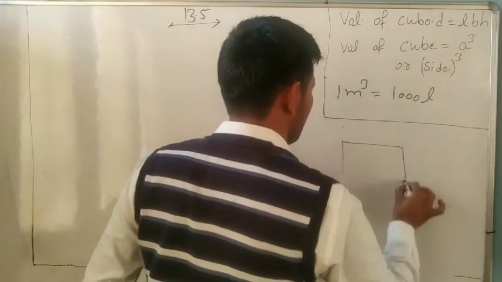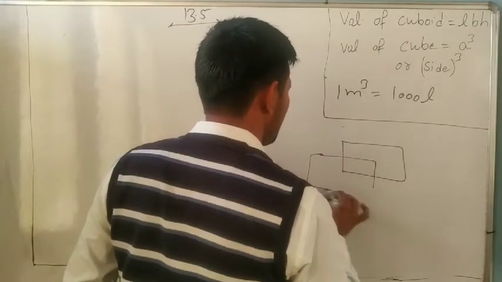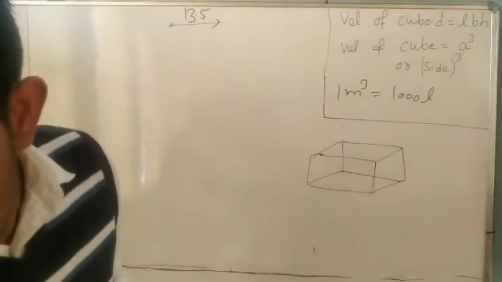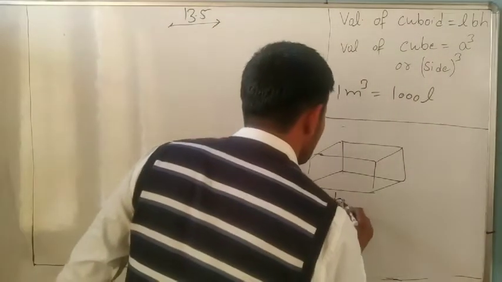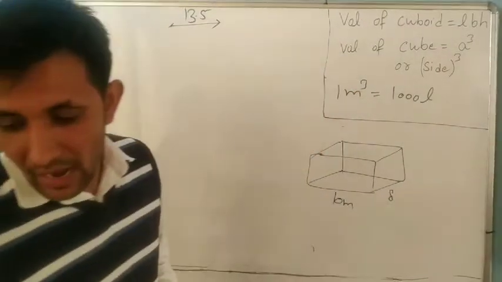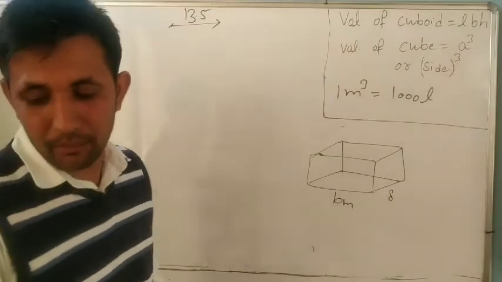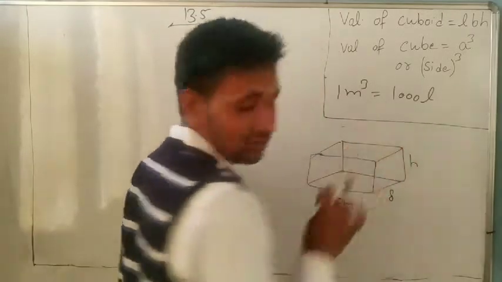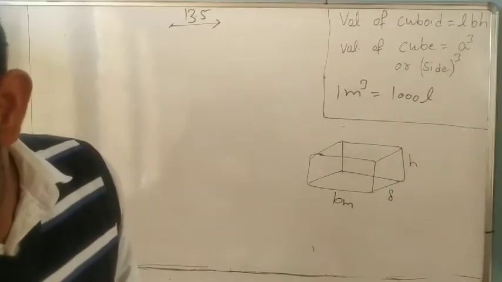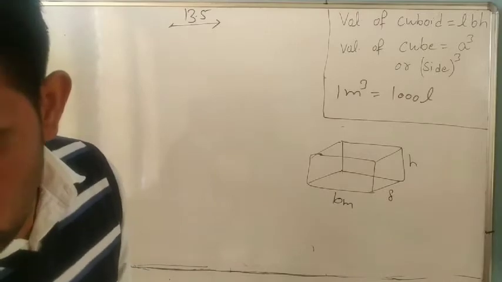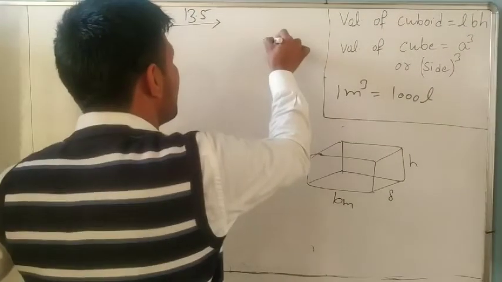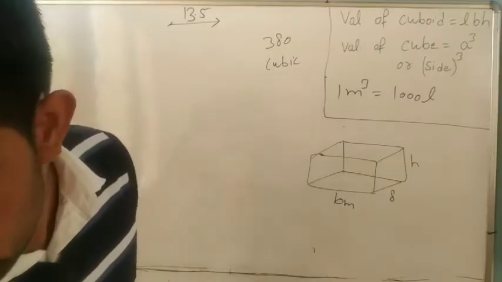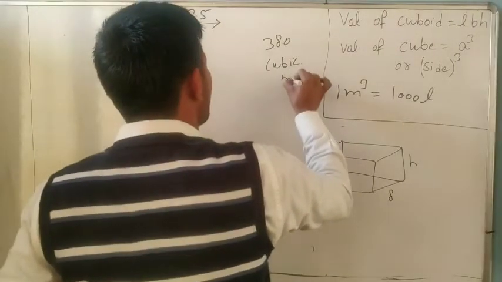A cuboidal vessel 10 meter long, 8 meter wide, and how high must it be made to hold 380 cubic meters of liquid? So we have to find the height.